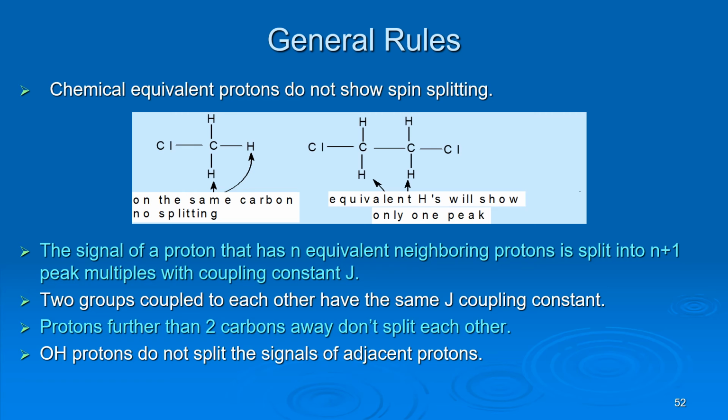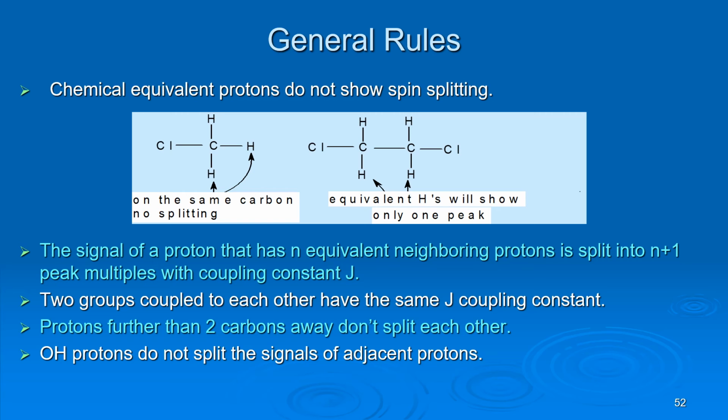We're just going to get a single peak here with these 3 hydrogens. And also, if you've got a symmetrical molecule, these 4 hydrogens are equivalent. And so again, they're not going to split each other because they are totally equivalent and they're feeling each other the same way. So that's one general rule: if they're on the same carbon or if they're equivalent within the same molecule.